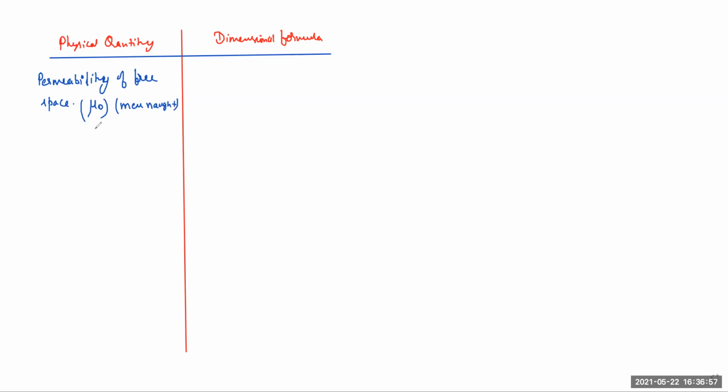So we want to derive the dimension of this particular unit, which is of great interest to me. To derive this, we have some formula at our disposal that we can use easily.